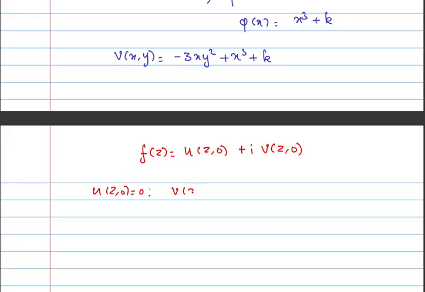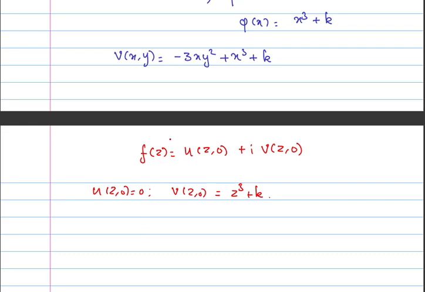What is v of z comma 0? Here also x equals z but y equals 0, so this term vanishes and only the z cube term remains. So v of z is z cube plus k.